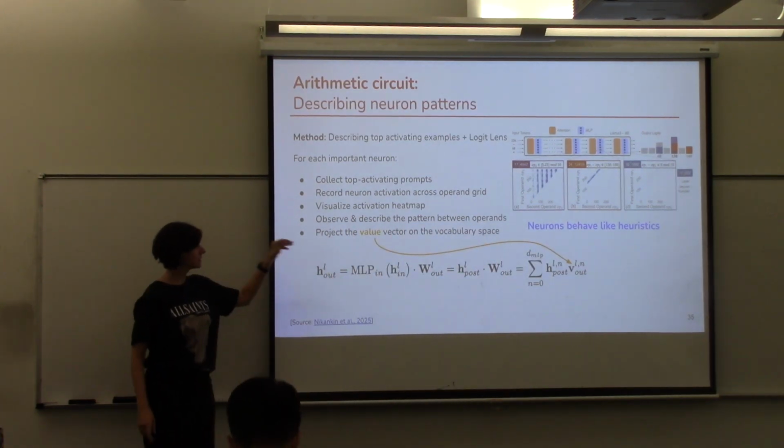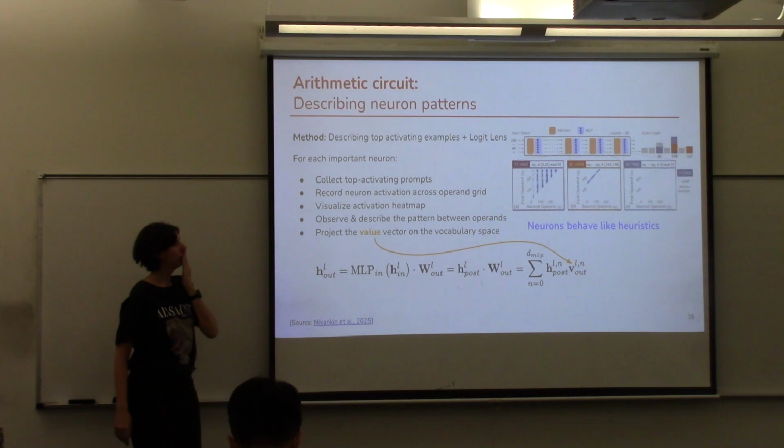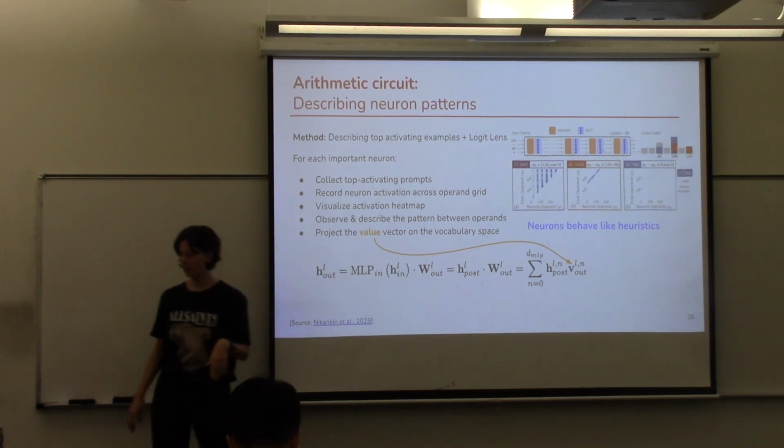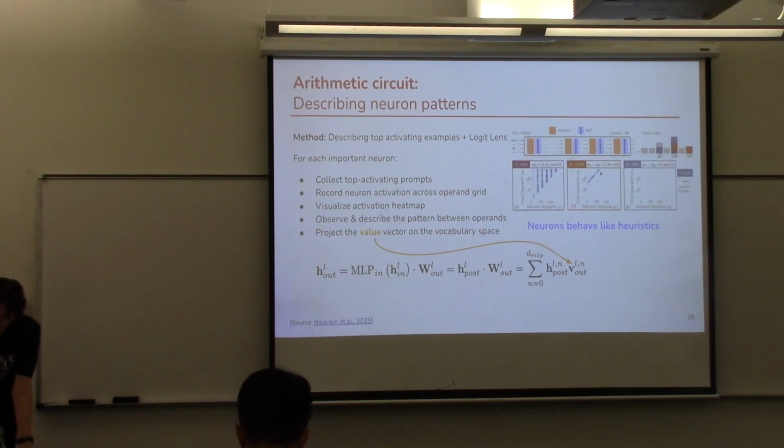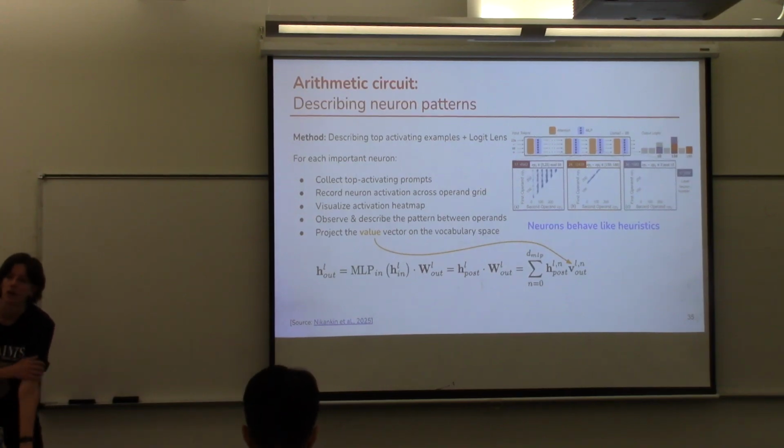And then the final step is to check for this specific neuron. Let's say they zoom into this neuron, they have produced this heuristic manually, and now they also want to see, if I have operands and operation that fires up, how does it affect the logits?